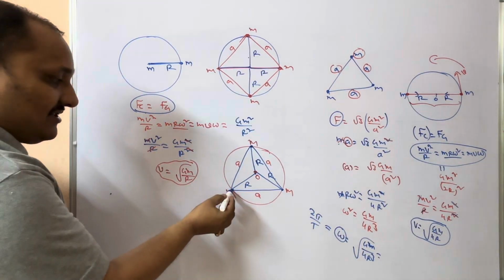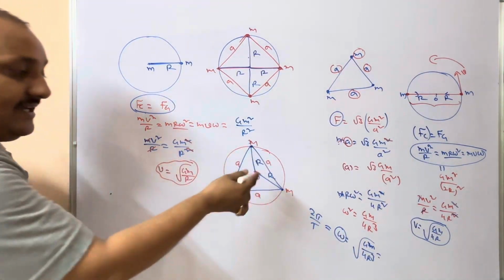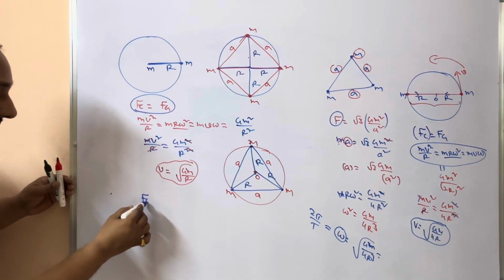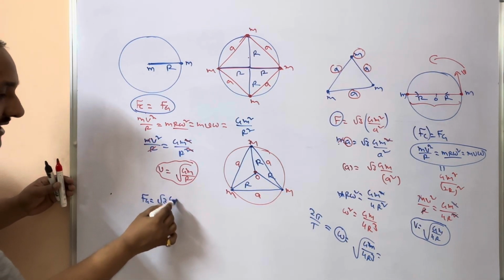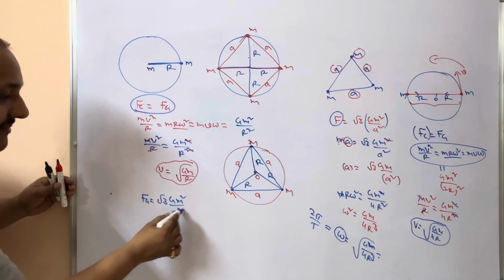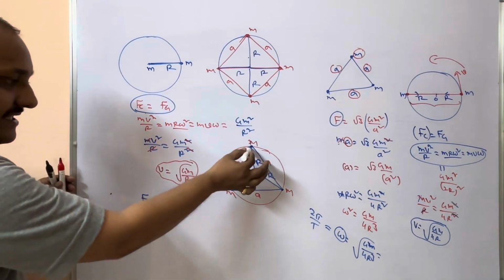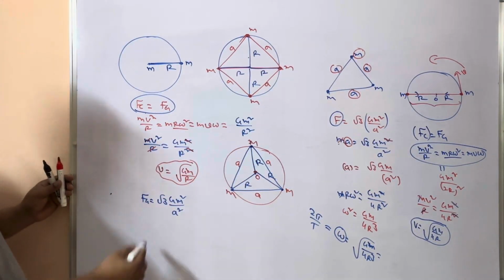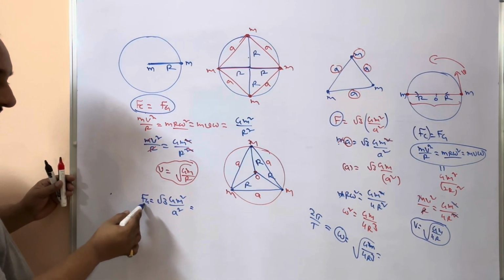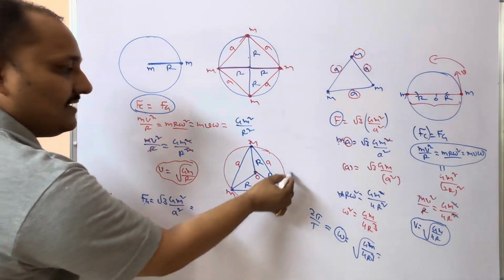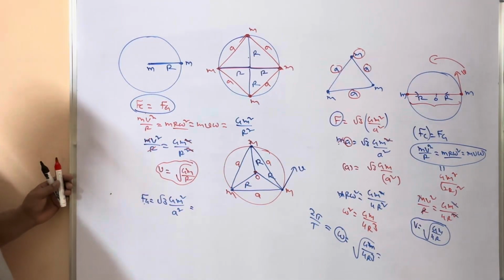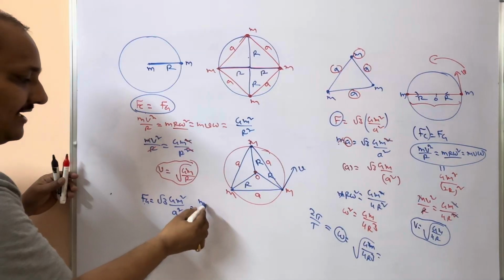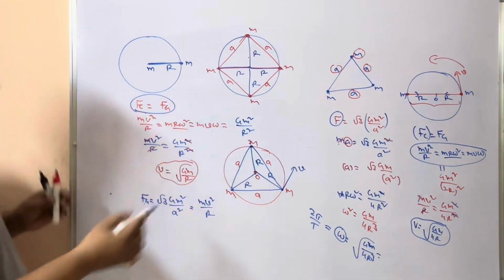Now what is the gravitational force on any one of the masses? In case of a triangle, gravitational force is equal to root 3 times G m square by a square. A is the distance between two masses, isn't it? This gravitational force should be equal to the centripetal force mv square by capital R if you want the velocity of one of the masses.